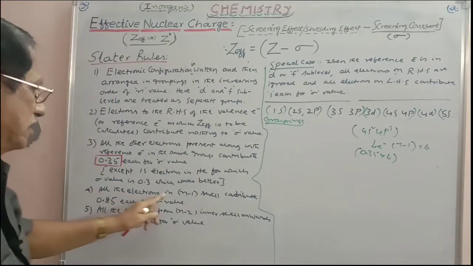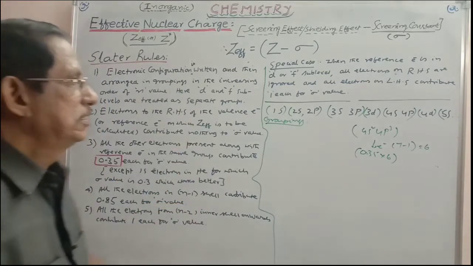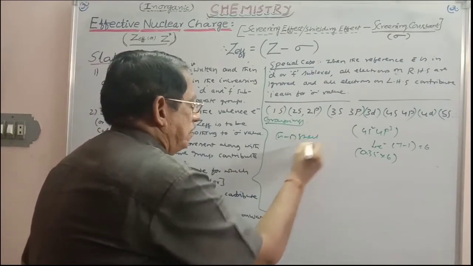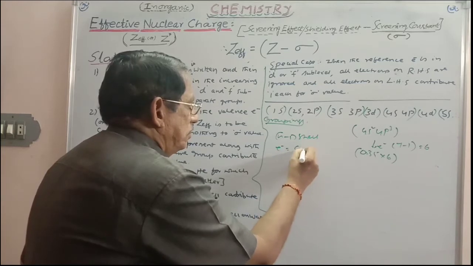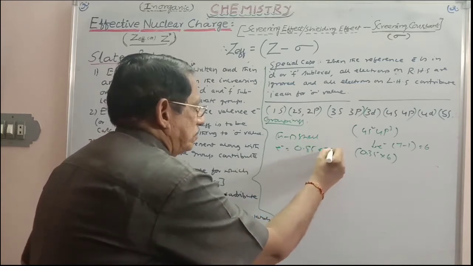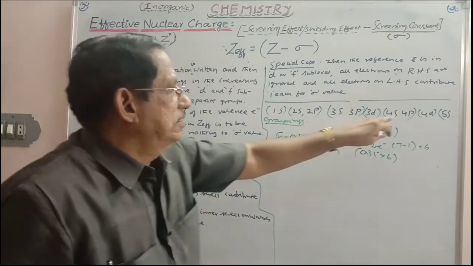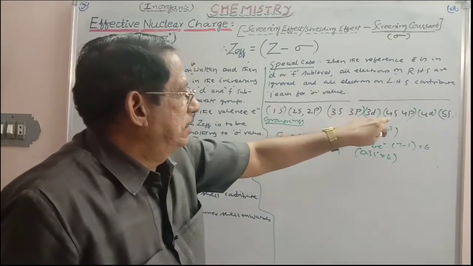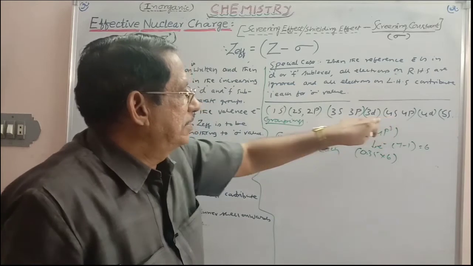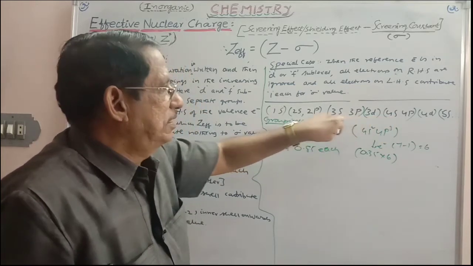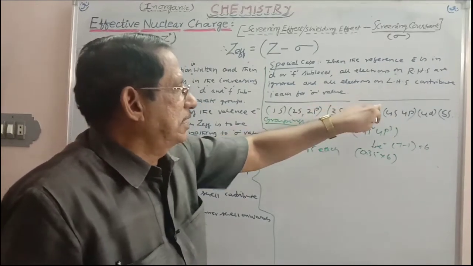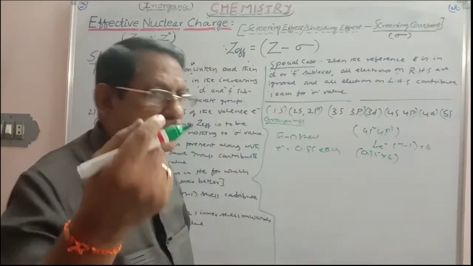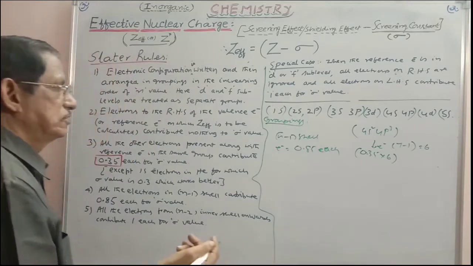Next, all the electrons in the n-1 shell. If you take the n-1 shell here, every electron will be contributing 0.85 each. Suppose you are taking here 4s, 4p. This is the n and this is the n minus 1. How many electrons are there? 2, 6, 10, 18. All these n minus 1 electrons will be contributing how much? 0.85 each.